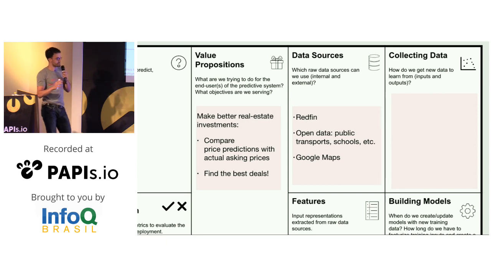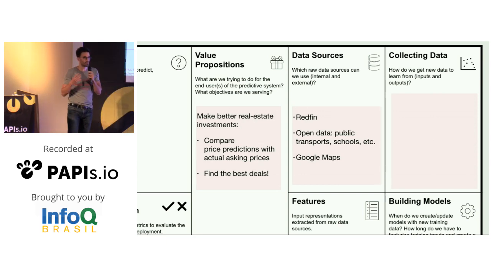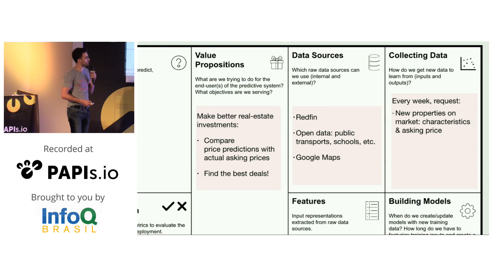And then, all right, so this is just data sources, but you need to have a data collection process, right? And most often we think about collecting an initial data set, but you should be thinking about the long term, like always keep collecting data because things change and you want to capture the changes in the environment. So maybe every week you would collect new data for the new properties on the market, right? There are new properties on the market all the time.